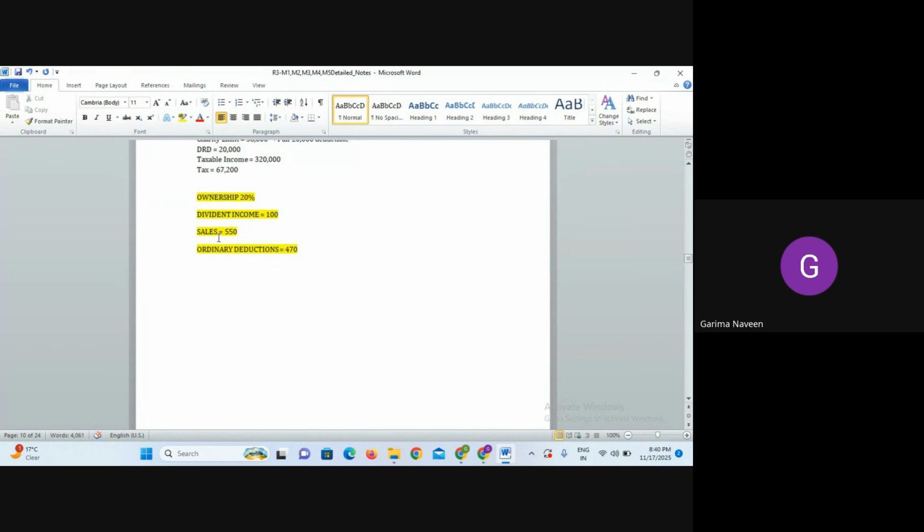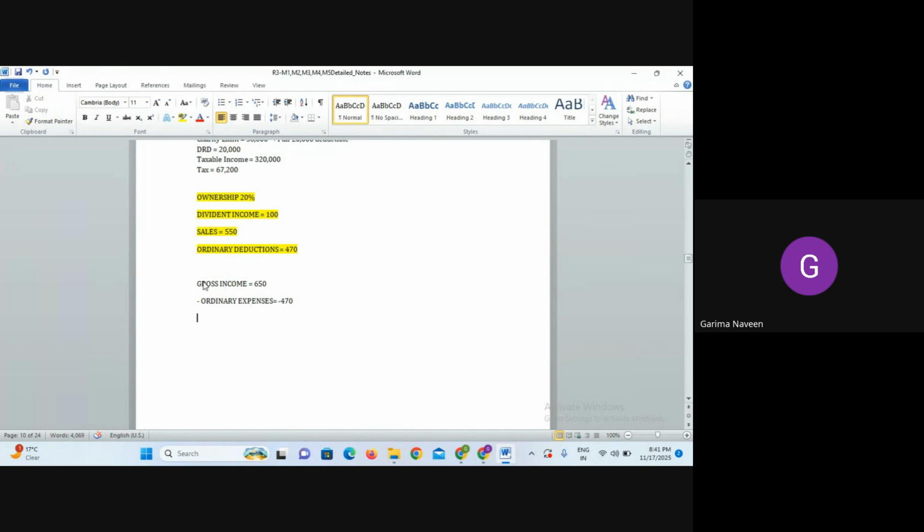If you first calculate your gross income, it will be 550 plus your 100, so your gross income in this case will be 650. From your gross income, you deduct your ordinary expenses, which are $470 here.